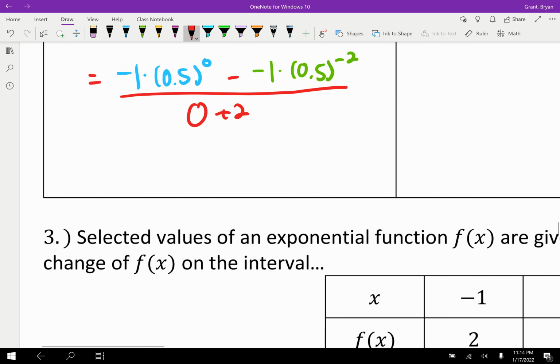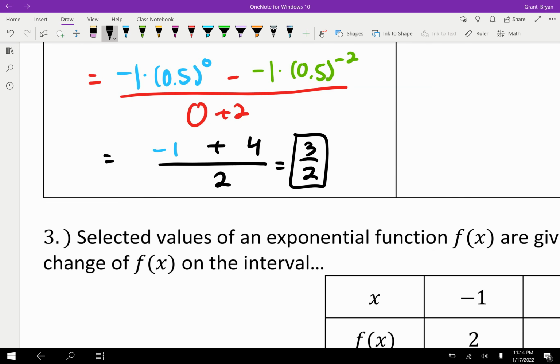That's what happens when you have two negatives next to each other. So 0.5 to the 0th is 1. 1 times negative 1 is negative 1. I see two negatives here. Those are certainly going to become a positive. And then 1/2 to the negative second will end up becoming 4. 4 minus 1 is 3, and I think we are left with 3/2. Sorry, that should be in green.